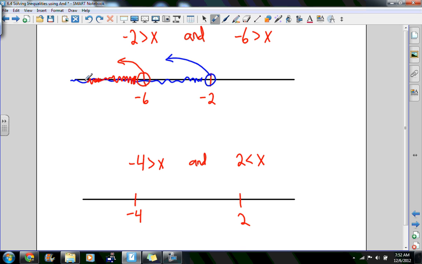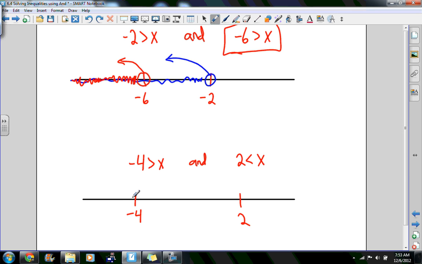And since it's an and statement, we only care where they're both true. Well, it's not both true here, but it is here. So the answer is actually just this one. This piece over here is irrelevant. It doesn't happen very often, but it can. Remember, for and, you're looking for both.